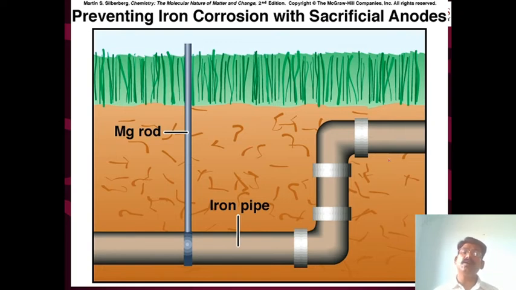Iron never gets corroded if you connect a magnesium rod or wire to the iron pipe; the corrosion is completely transferred and deposited on the magnesium rod. This is sacrificial anodic protection, where the magnesium is sacrificed.